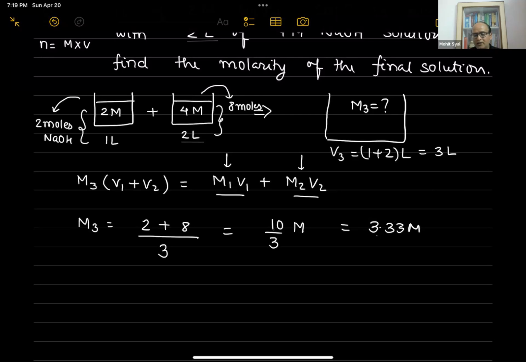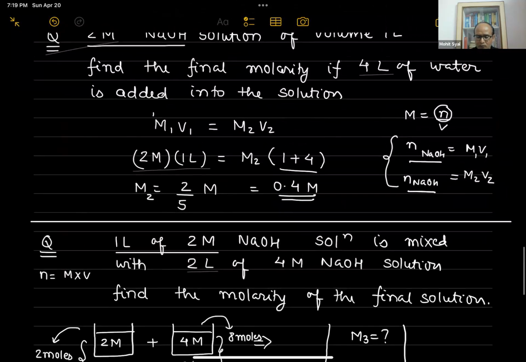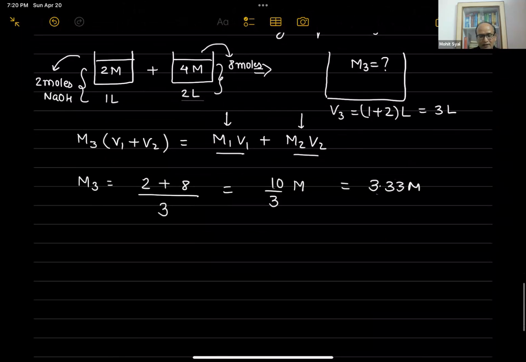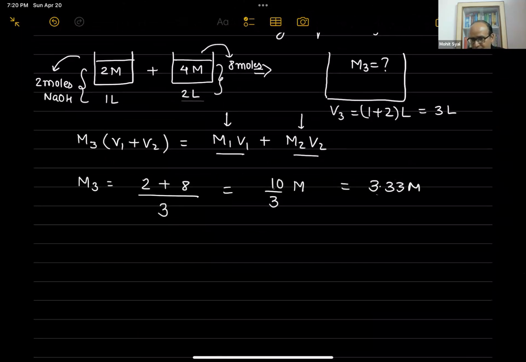Clear. Okay. But if you are adding only water, or removing water, just water, not mixing two solutions, just adding or removing water, then initial moles equal final moles. M1V1 equal to M2V2. Got it? Yes, sir.